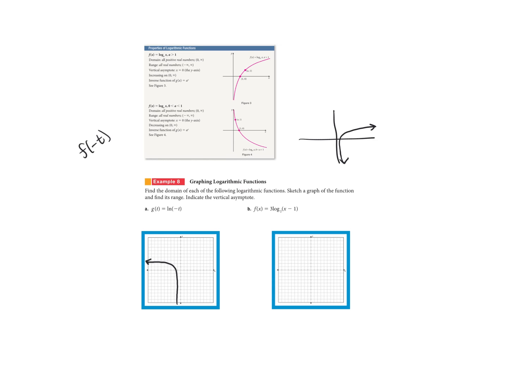So all of the same kind of rules apply when we stretch and shift. So remember, this one is going to shift one this way. So instead of having a vertical asymptote here, it's going to have the vertical asymptote at x equals 1. And then this 3 in front is going to stretch by 3.